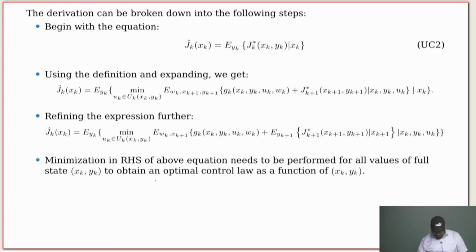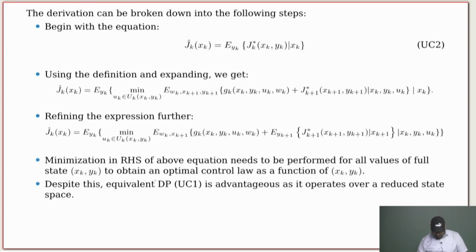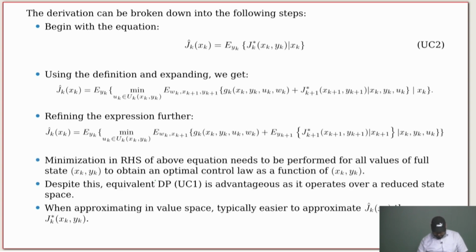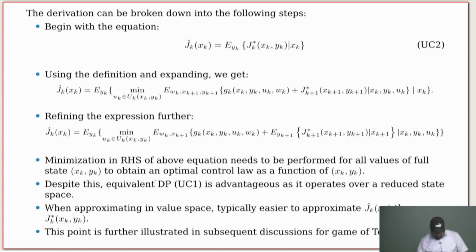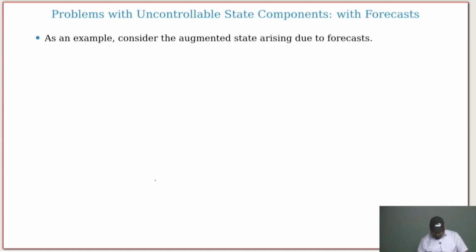I can skip this derivation for the moment, and you may go over it a bit later. But what I want to do is derive the Tetris game, so that you get an idea of why we are doing all this forecast and disturbance, and how it's practical, right? So let us go into those things, and you can do these derivations later.